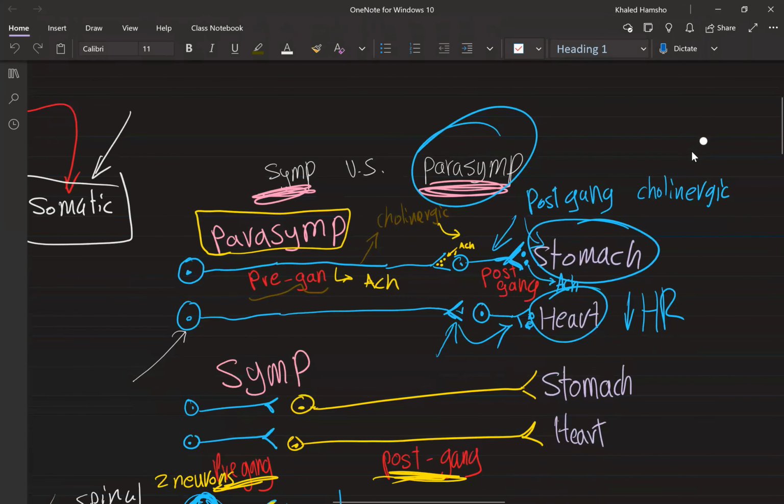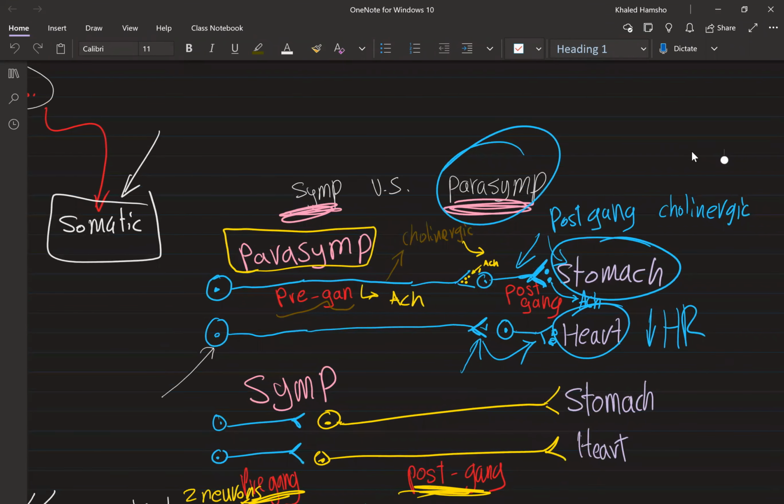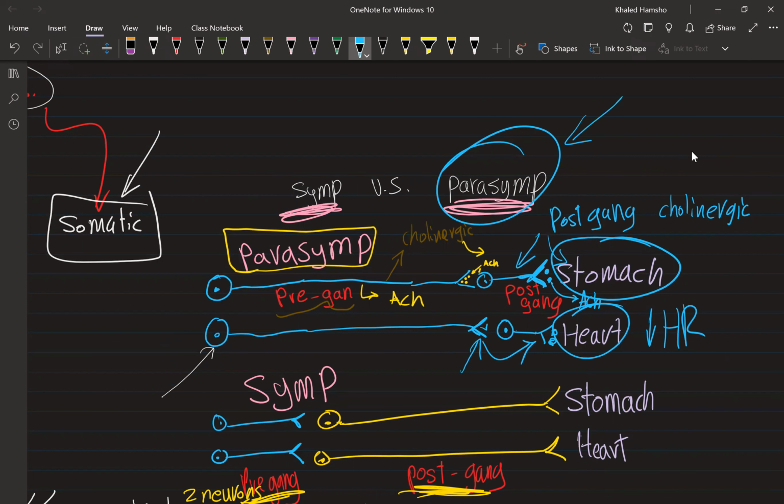So just to quickly recap what we were doing, we were comparing the differences between the parasympathetic nervous system and the sympathetic nervous system on a very small scale, just to see the differences between these two things on a physiological basis. As we mentioned earlier, in the parasympathetic nervous system, we have two sets of neurons: the preganglionic neuron and the postganglionic neuron.